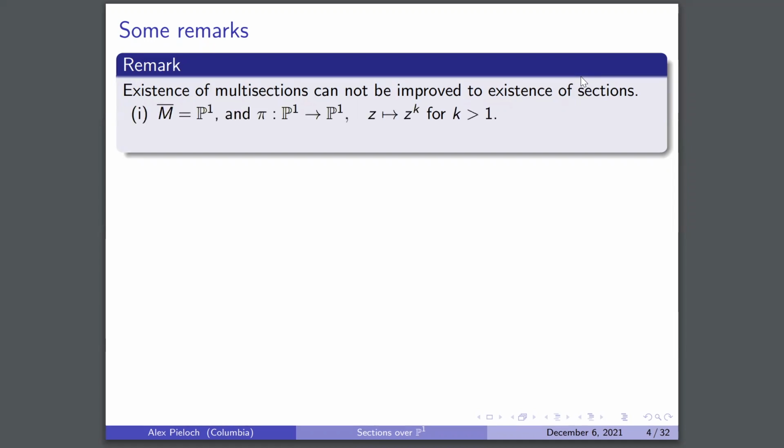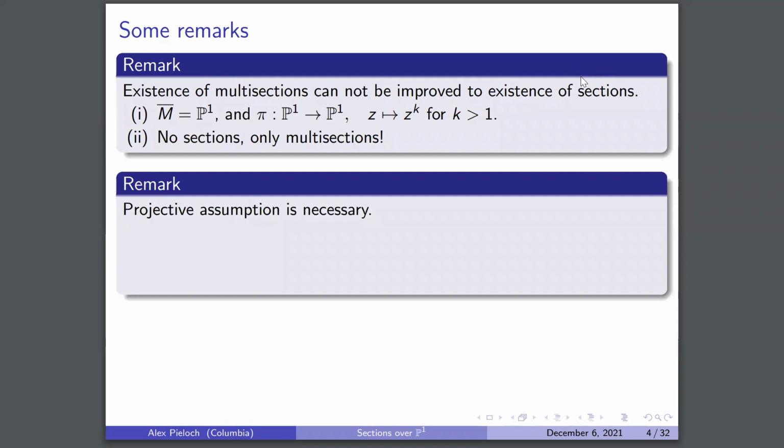The counterexample is rather simple. Take your total space to be P1 and take any degree K map, where K is greater than 1, from P1 to P1. In this case, just by degree reasons, there are no actual sections, only multi-sections. Here we have K points away from 0 and infinity, and as we move into the poles, they all collide into a single point. So this is the first remark.